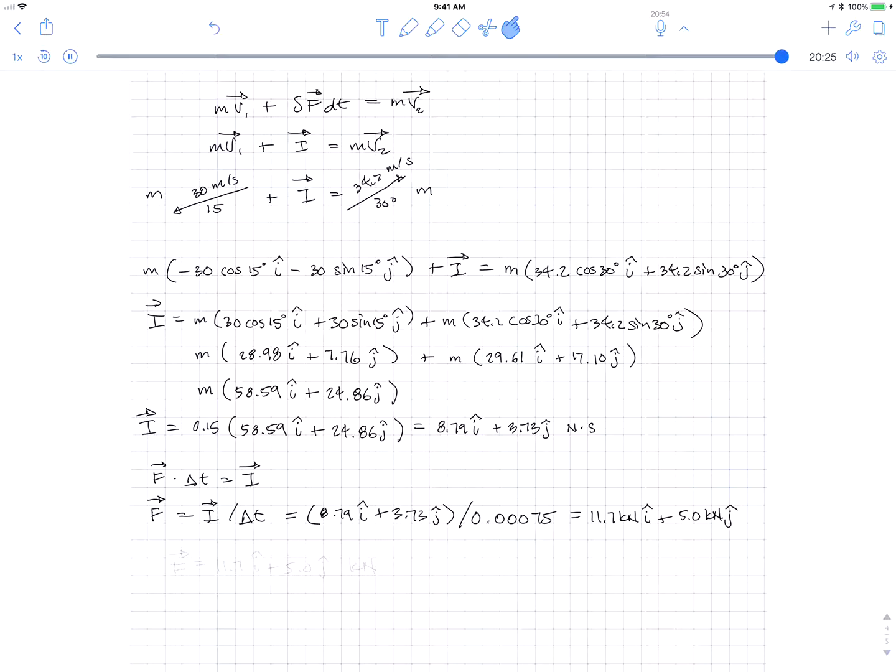It's actually 4,972, so I rounded it to 5,000. And I'm writing in kilonewtons. And so that's the average force. So the bat puts a force of 11.7 i plus 5.0 j kilonewtons on the ball.